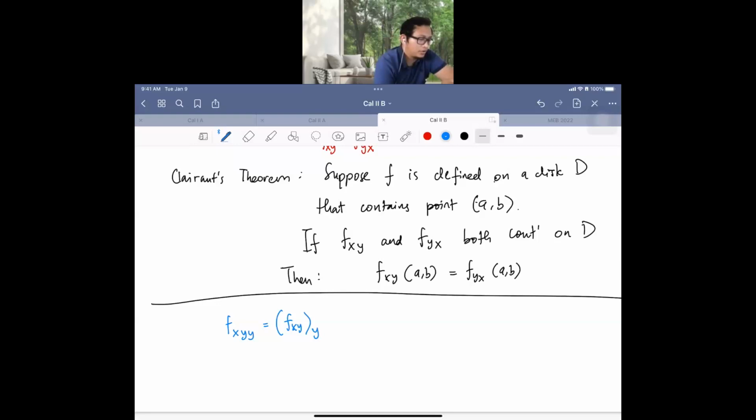Or you can write it as the third derivative.